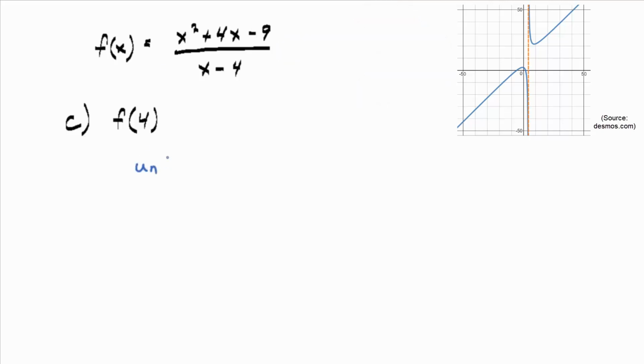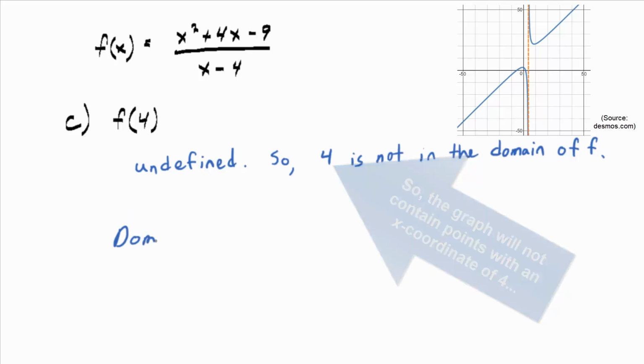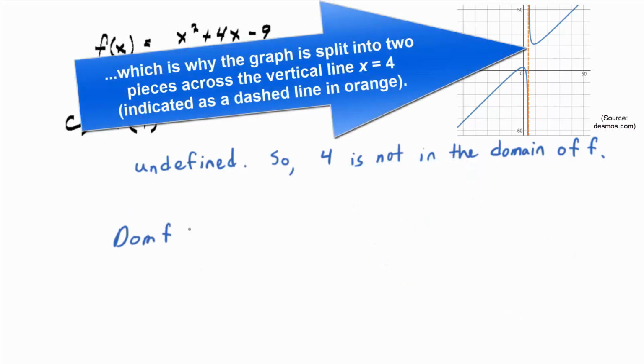And in fact, what it really means is 4 is not in the domain of f, right? Remember what the domain is. It's the set of all inputs that you're allowed to plug into the function. So 4 is not in the domain of f. In fact, what is the domain of f? How about DOM f, D-O-M-F? What is the domain of f? Is there anything else you can't plug in besides 4?